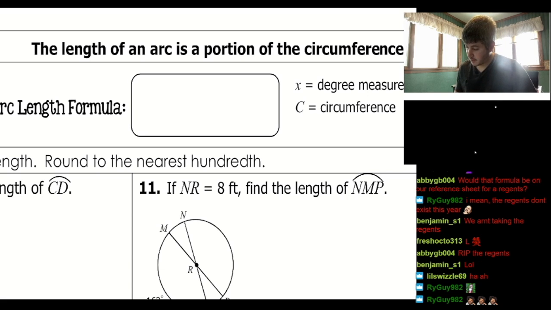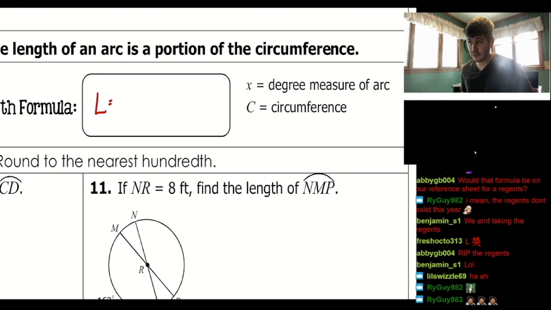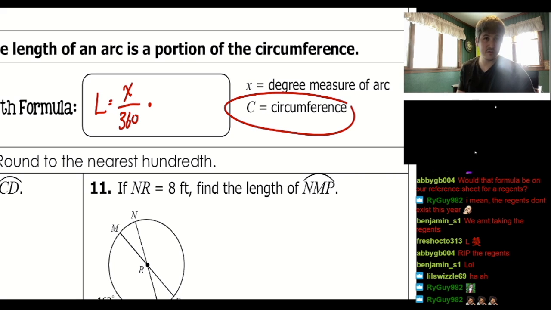But our formula is L equals. So the percentage part, and you see it right over here to the right, it says the degree measure of the arc, which we're calling x, over 360. And that's just a percentage. That's the percent part of the formula. Times, they use C for circumference. You can use C, you can use 2 pi r, you can use pi times d.